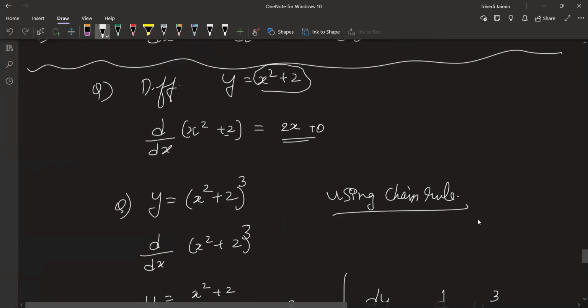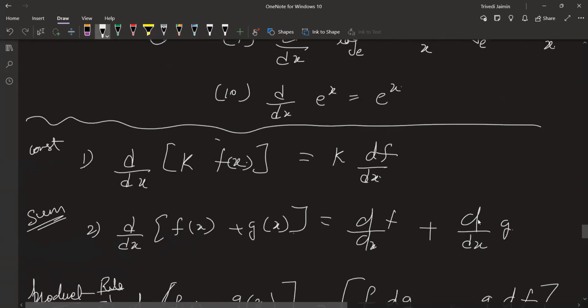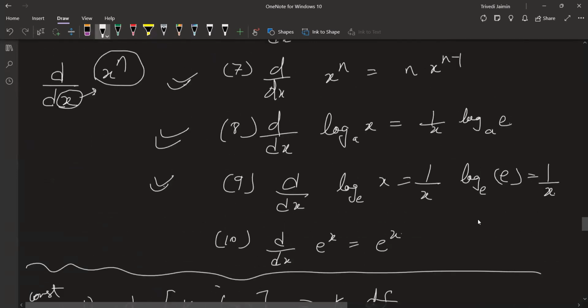But we had a function and cube. So we have to use chain rule, or we have to expand it, or there is one more way of solving. Let it be. I'm not showing you that. It's a little bit of a direct method. For now, you understand this one. So this is differentiation of this function with respect to x.